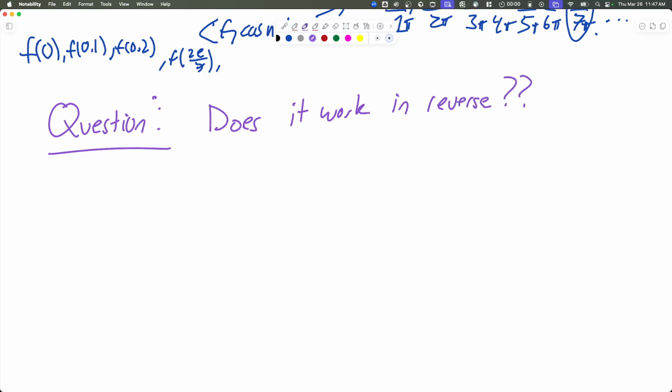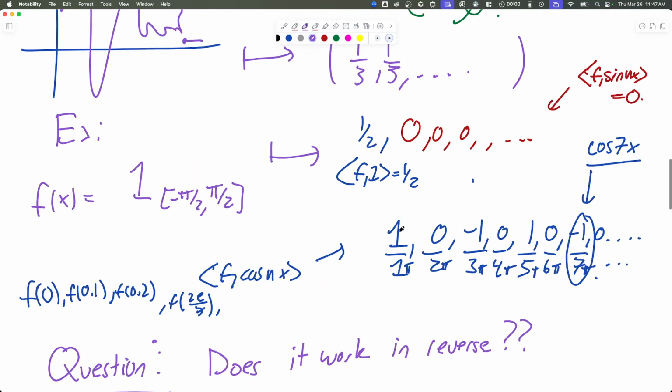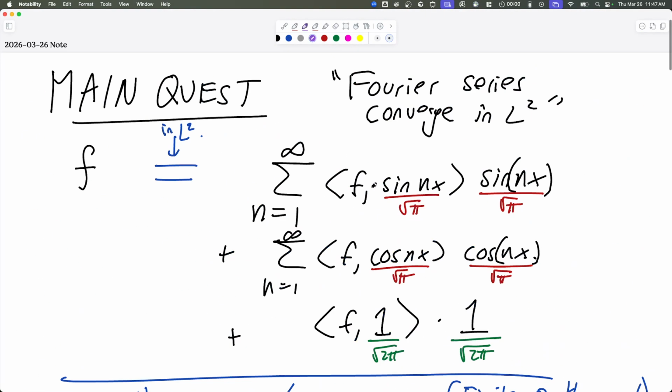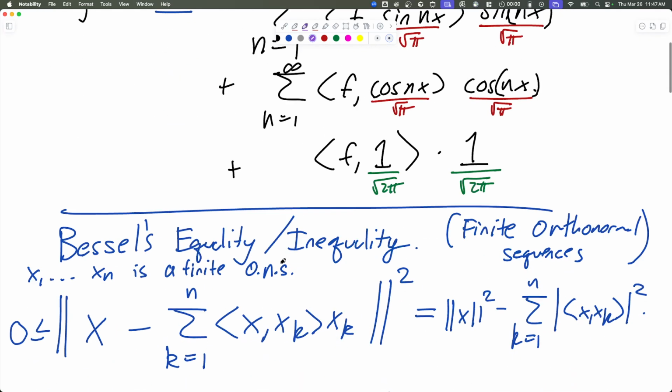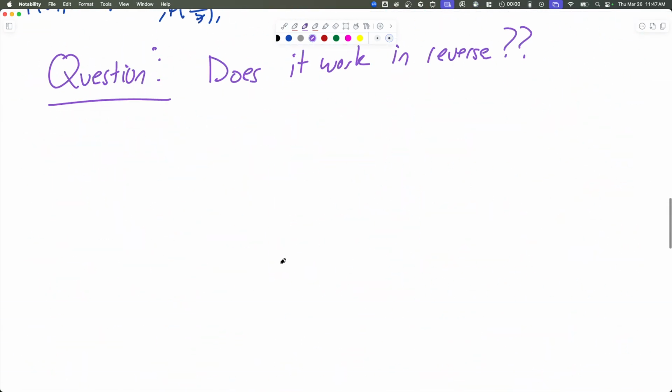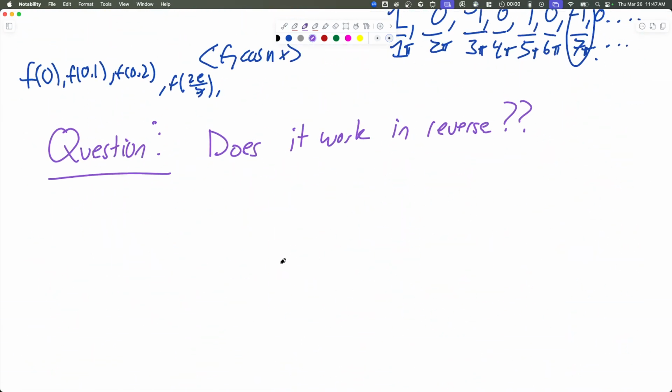And this question of does it work in reverse is exactly what we're trying to prove. This was the idea we had before, right? We take a function, we crunch it down to the coefficients, and then we ask the question, is the function equal to the function you would make out of the coefficients? And the answer will be yes for Fourier series. And when the answer is yes, we call that complete.